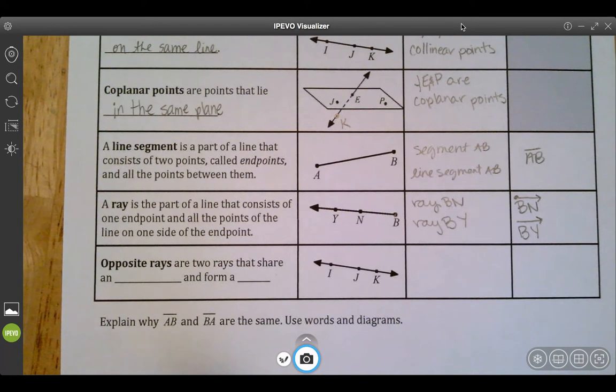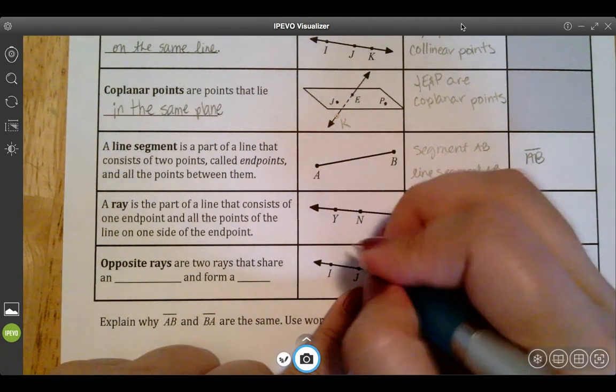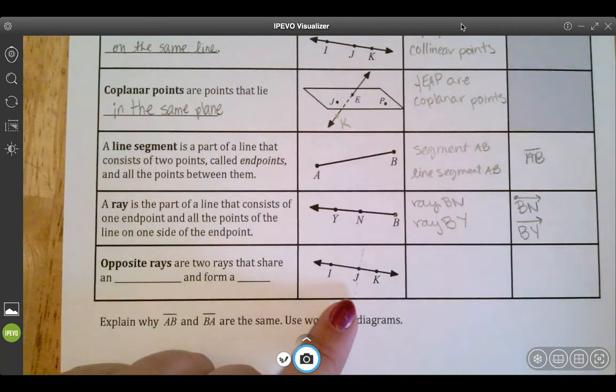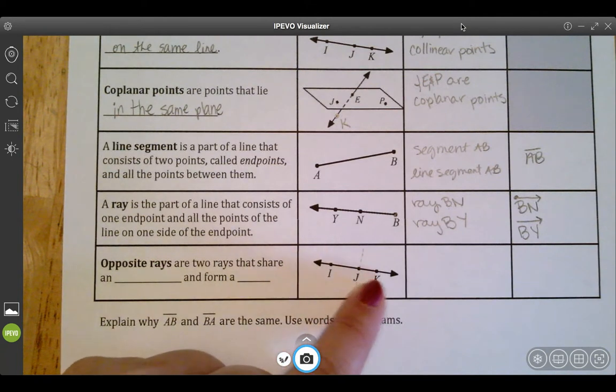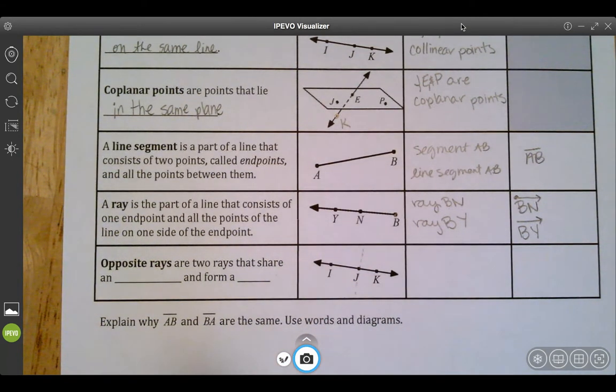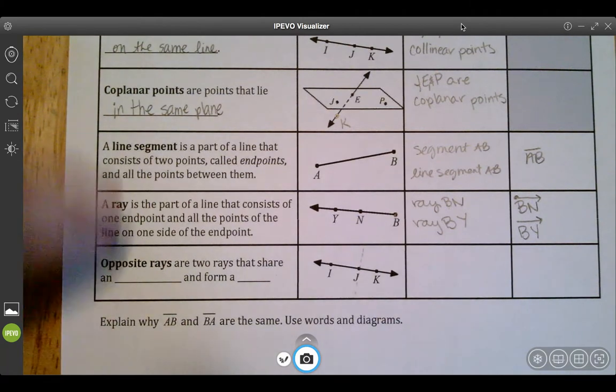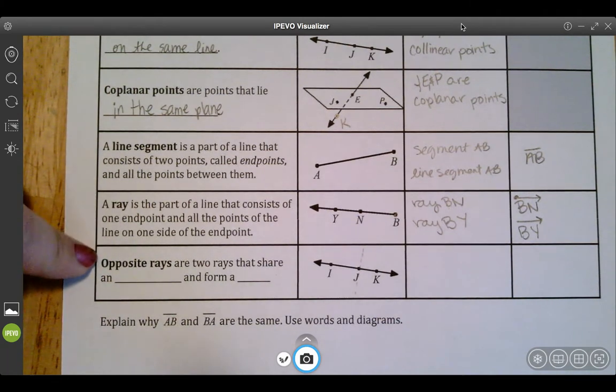And what if we have a line and we cut it in half? Then we actually end up with 2 rays pointing in opposite directions. So imagine I have this line and I cut it right down the middle. And then I have a ray pointing JI, and I have another ray pointing JK, and they are pointing in exactly opposite directions because together they make a line. And so that would be called opposite rays.